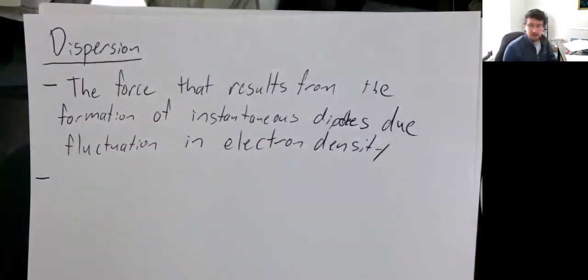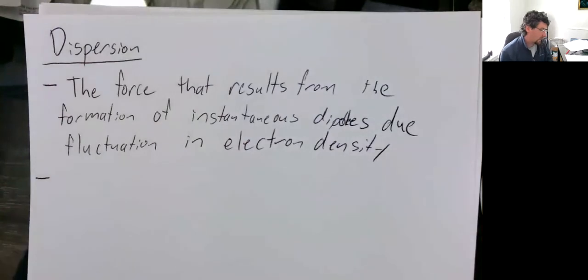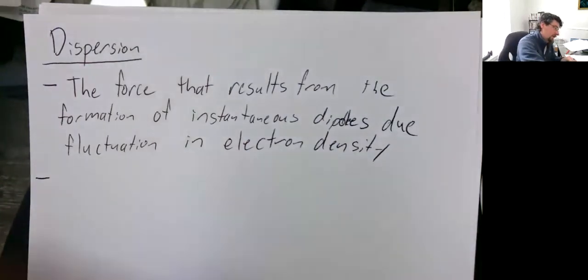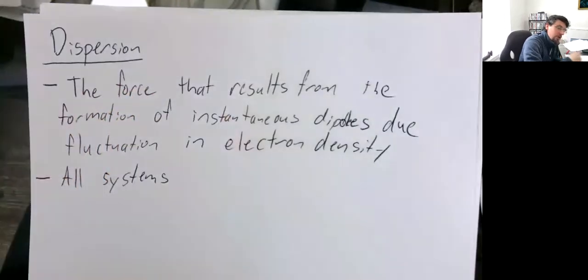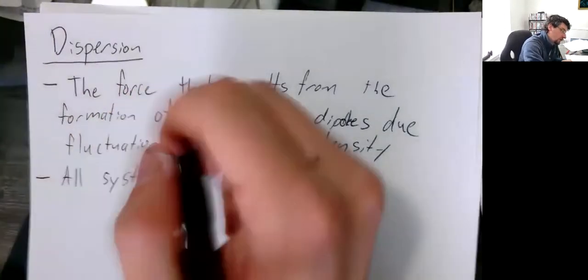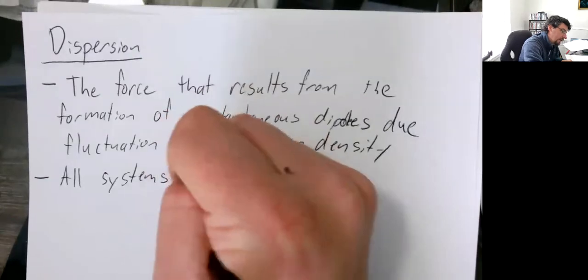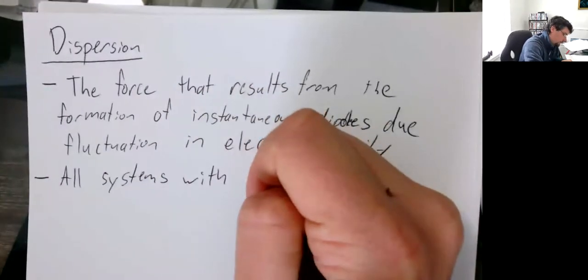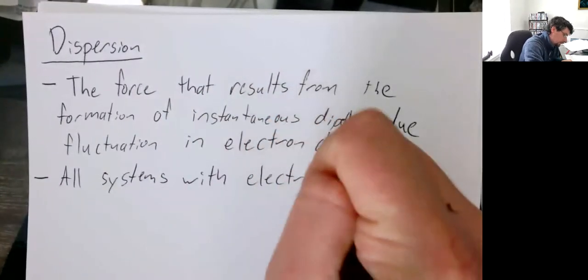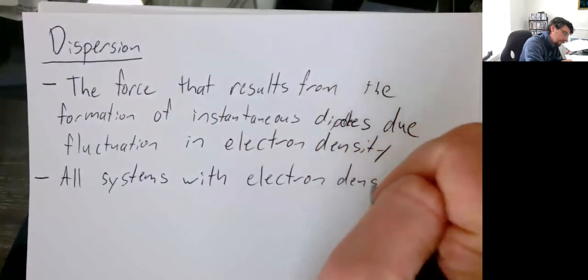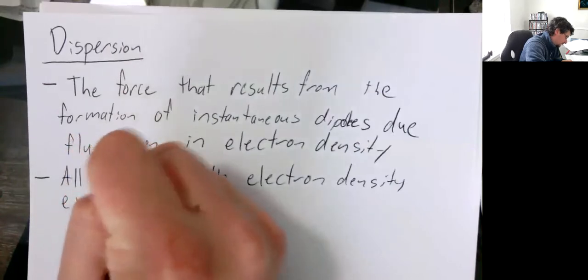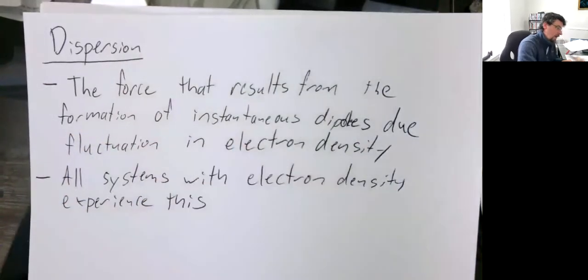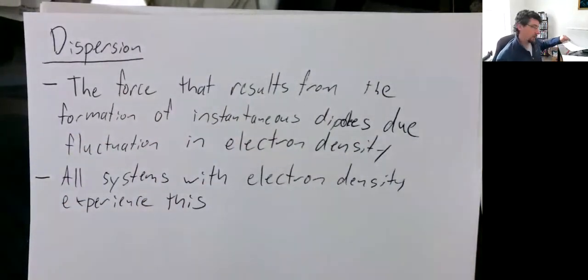The other important point is all systems with electron density experience this. So pretty much all the systems we talk about in chemistry, they all have dispersion forces. Okay, so let's try and explain this with pictures.